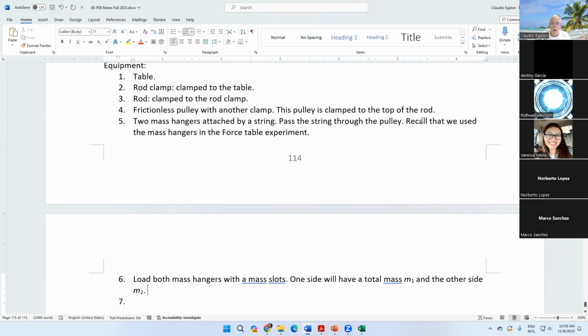Recall that we used the mass hangers and the slotted masses in the force table experiment, right? Okay.